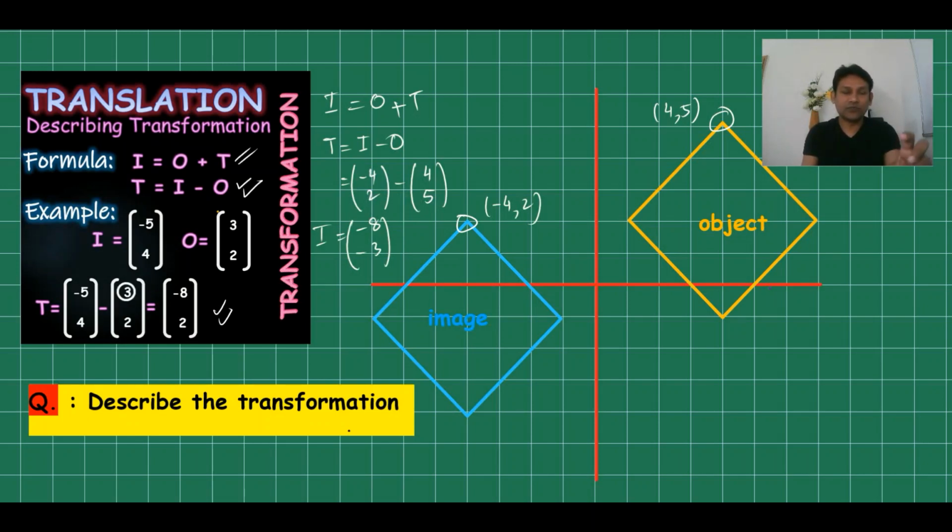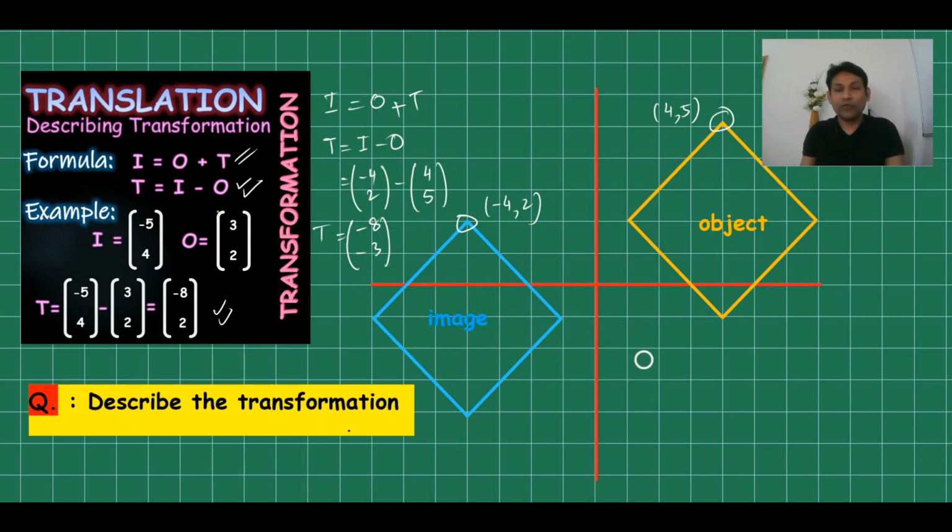This is another example here. The translation here is minus 8, 3. It means object A is mapped onto object B by translation minus 8 and minus 3. This is a very simple transformation, here it is translation.